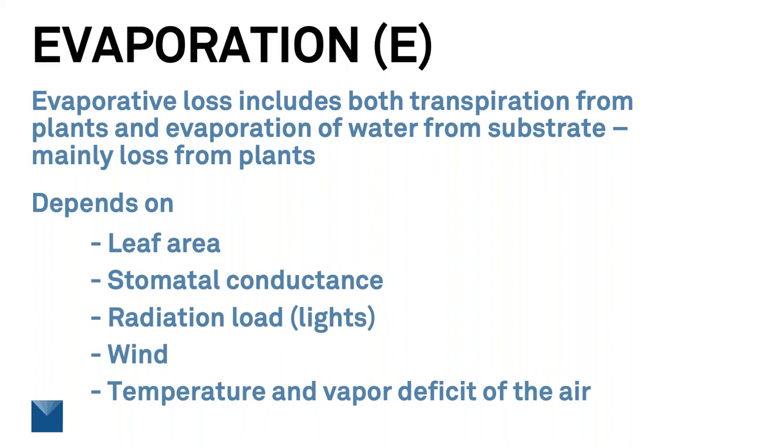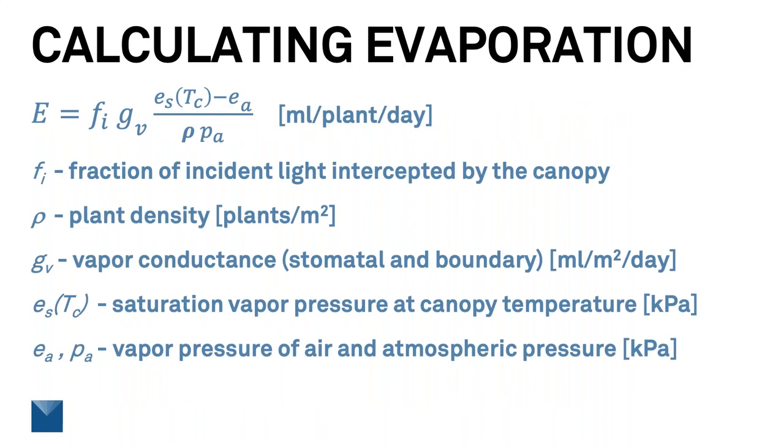Here's the equation that we use to compute transpiration. If we just look at the main parts of it, it's the product of a fractional interception of light by the canopy, so the fraction of the incident light the canopy intercepts, a vapor conductance for the leaves and the boundary layer, and the difference between the saturation vapor pressure at leaf temperature and the vapor pressure of the air.